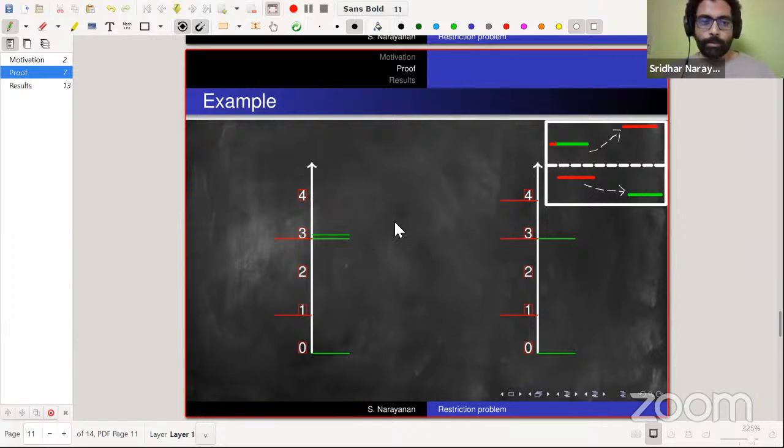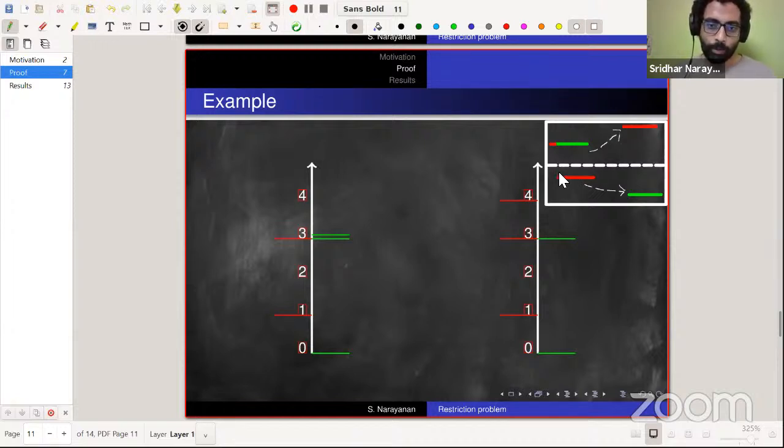But if there are no green bars, that means there is a red bar. If there are no green bars, then we push the red bar down to one level lower and we change its color to green. So here's a mnemonic that I have. If you have a green bar, even if you have a red bar along with the green bar, you prefer to push up the green bar. So if you have a green bar, you push it up and change its color to red.